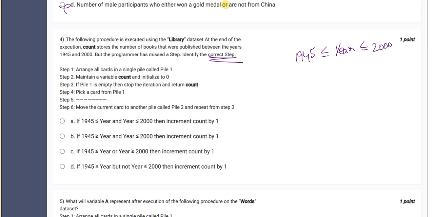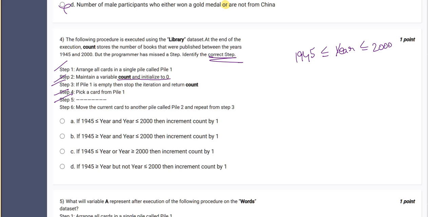Here we need to bring out the correct step, which carries some sense to the entire process of 6 steps. Now coming to step 1, arrange all cards, count has been set to 0. Step 3, pile on empty, okay, pick a card. So here the important part of the question is missing. Let us find out this most suitable one.